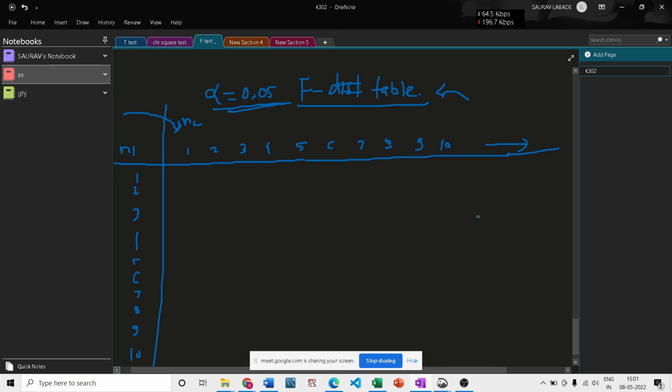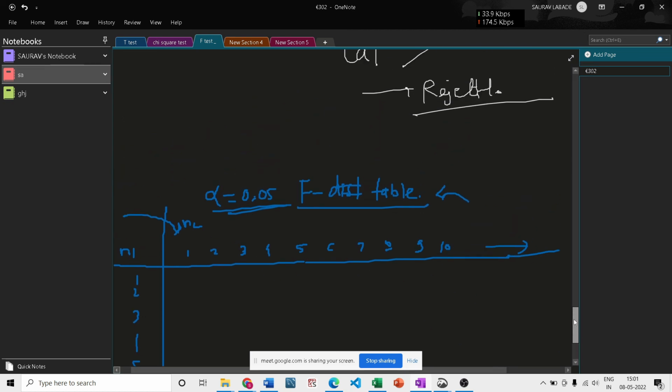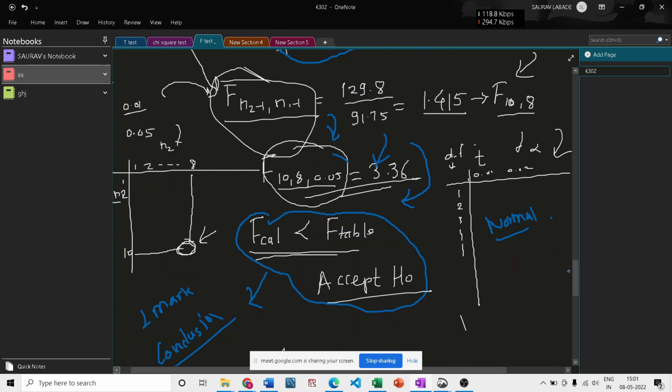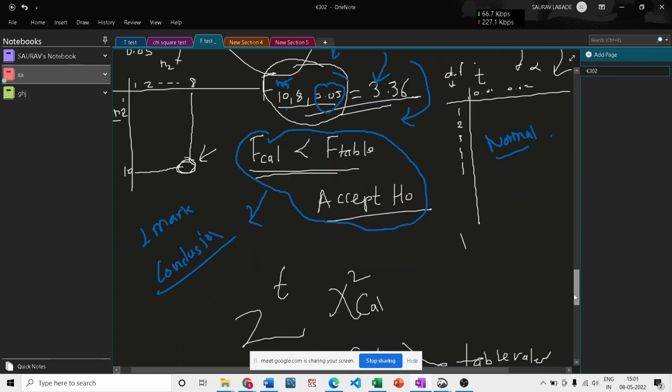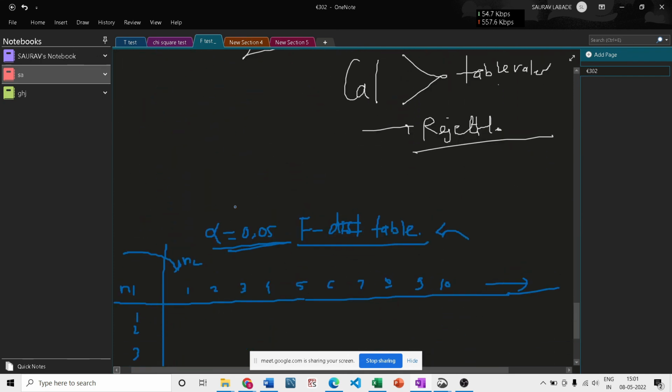Now which value do you have to find in this case? This value is n2. It is n1 and n2, so it is 10 and 8, right? And 0.05 is already given, since this is just the table for 0.05, so there is no need to check alpha here.